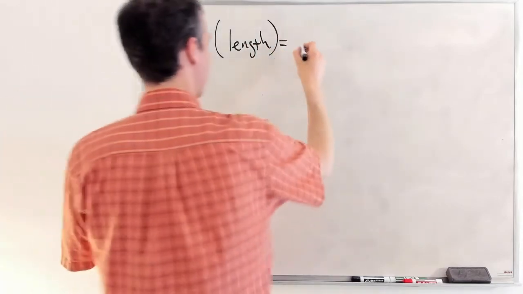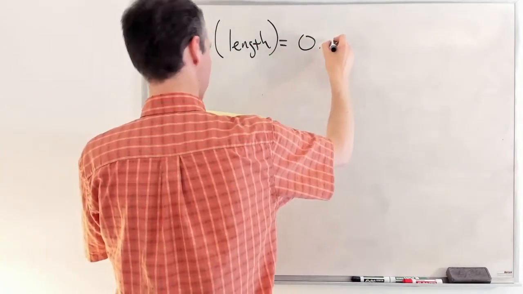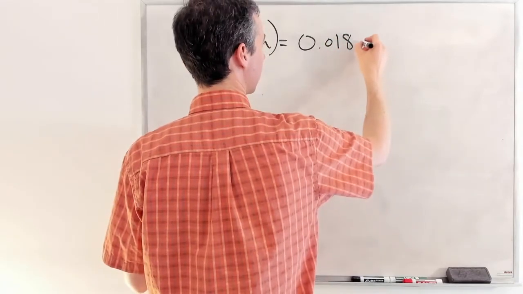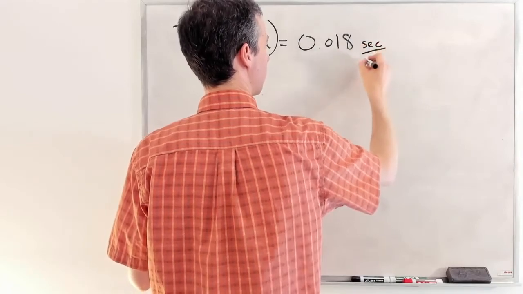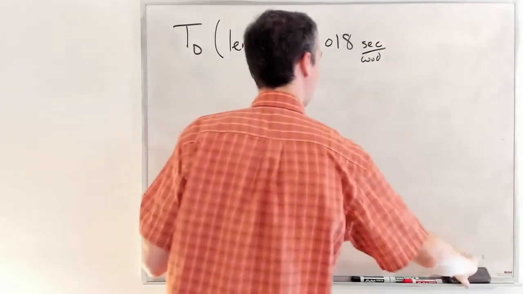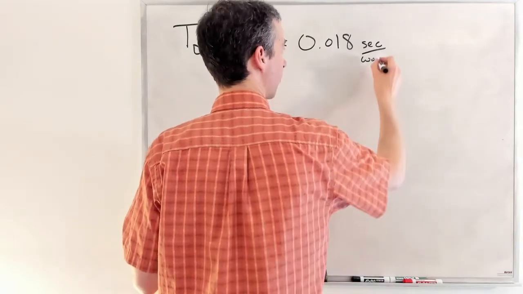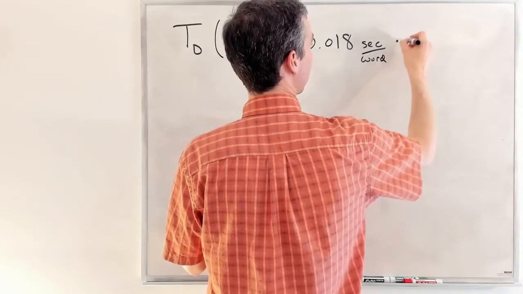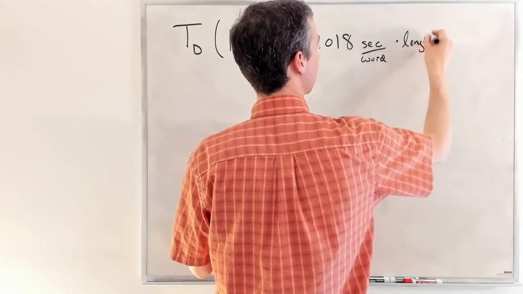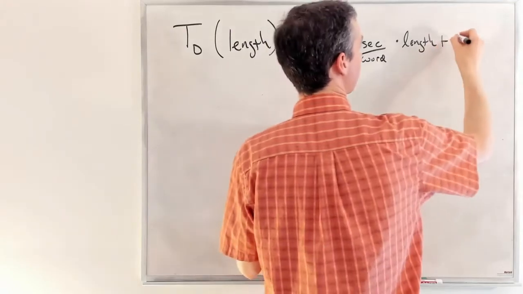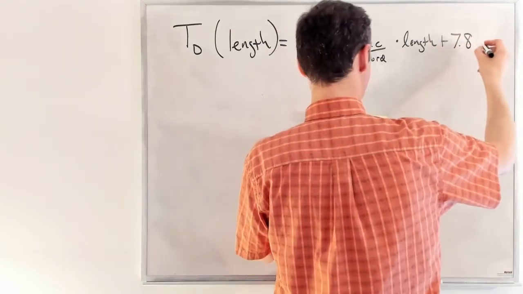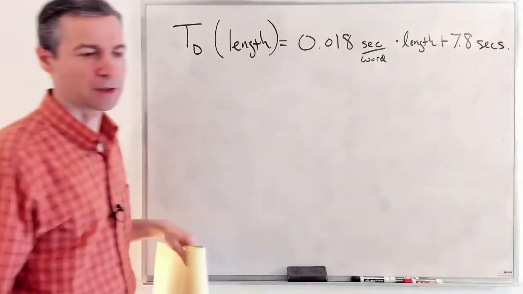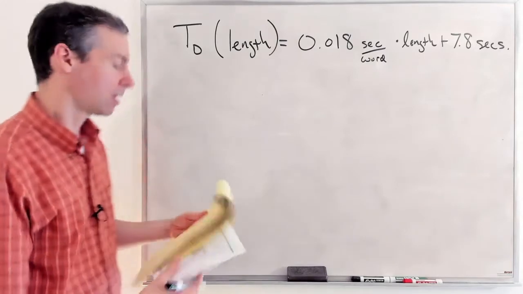Our model says we get 0.018, which is actually seconds per word, multiplied by our length, plus a constant time of 7.8 seconds. All right, so that's basically the y-intercept.